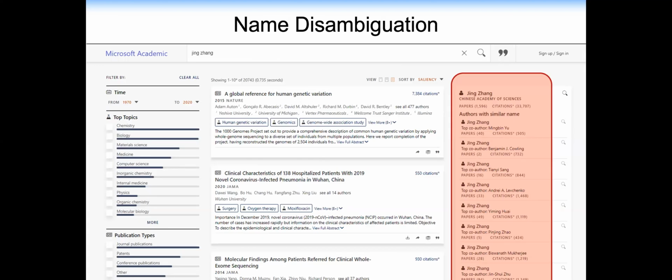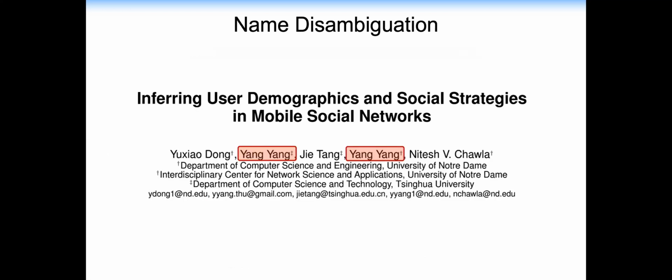For example, the Microsoft Academic knowledge graph actually indexes tens of thousands of scholars who published under the name Jing Zhang. So the question is, how can we distinguish whether two Jing Zhangs are the same person or not? Okay. Here is another interesting example from myself: a couple of years ago, I collaborated with two people, both named Yang Yang.